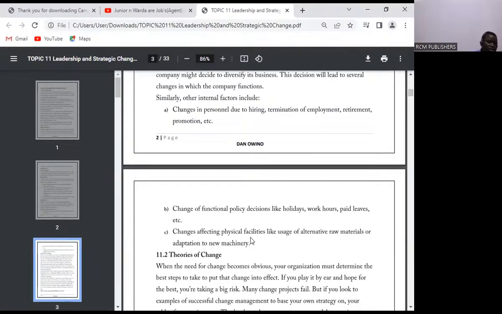The other one is things like the organization policies and procedures. Work procedures, the organization policies and work procedures. Those can also bring changes in areas to be effected, to revise maybe an organization policy or the procedures of doing our work.